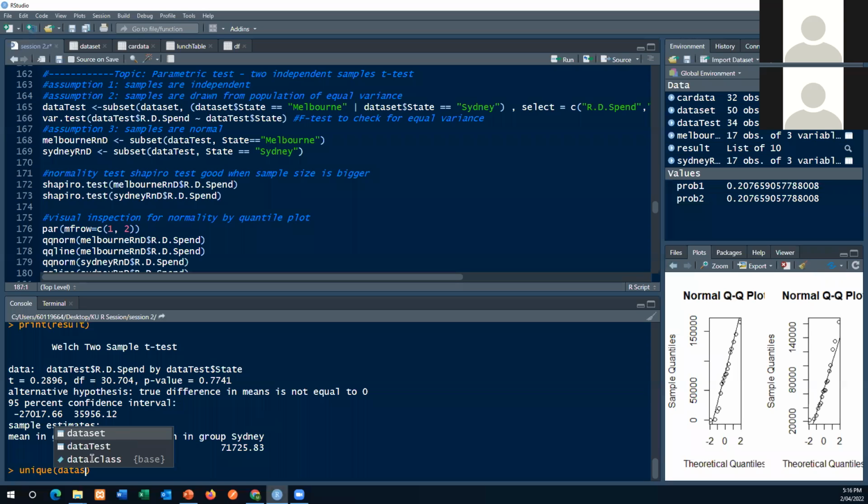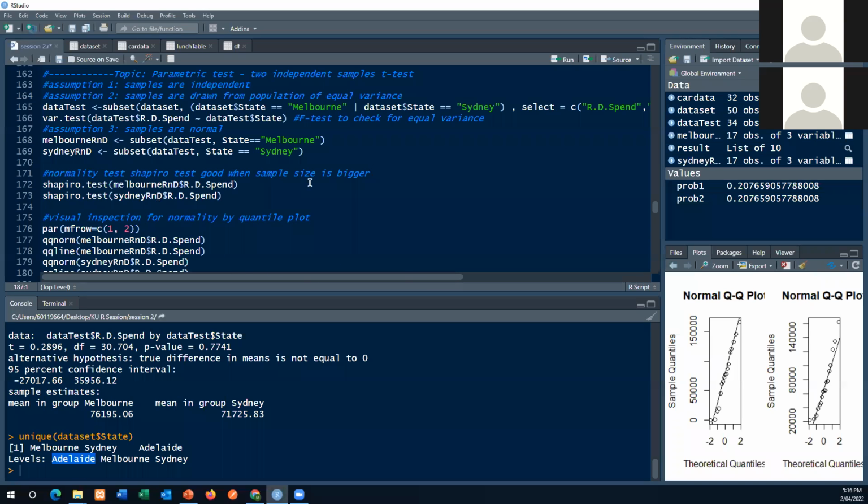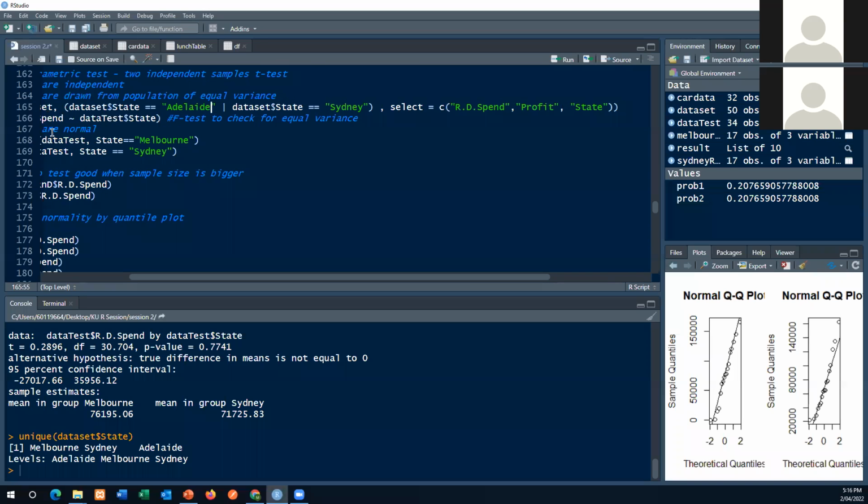We'll check Adelaide versus Sydney, so instead of Melbourne, we'll check Adelaide and Sydney. All set, although I'm not changing the variable names, the data is changing itself. So we'll get the data here, test data.